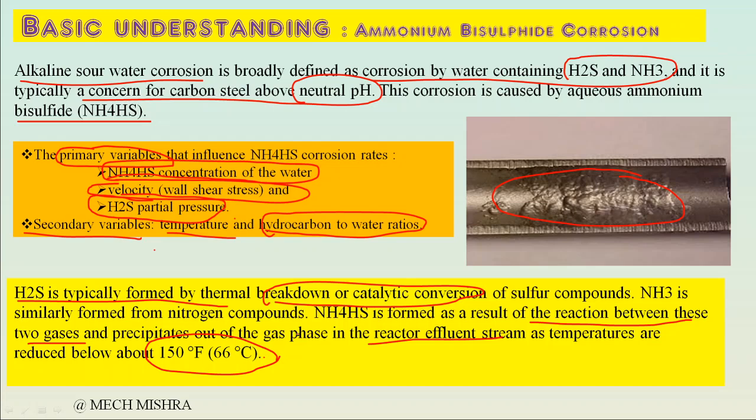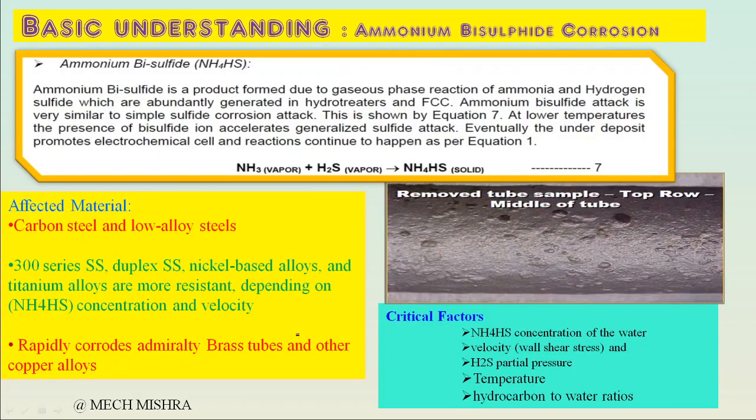As ammonium bisulfide concentration increases, the corrosion rate will increase. Second is the velocity of the fluid. As velocity increases, the wall shear stress increases and the corrosion rate increases.